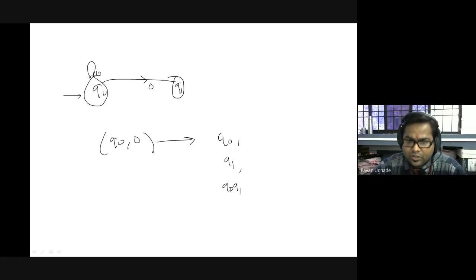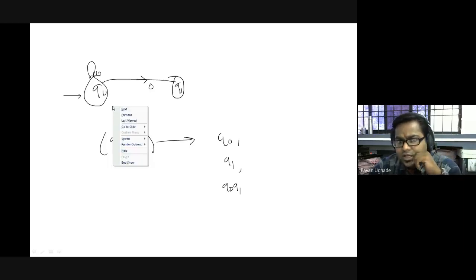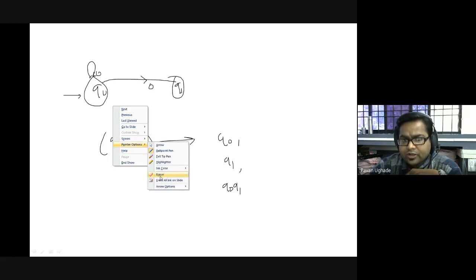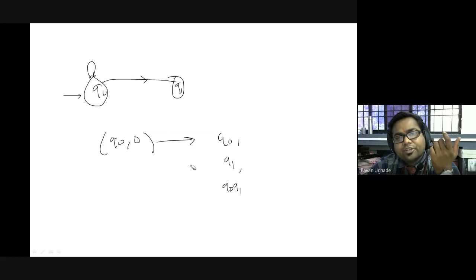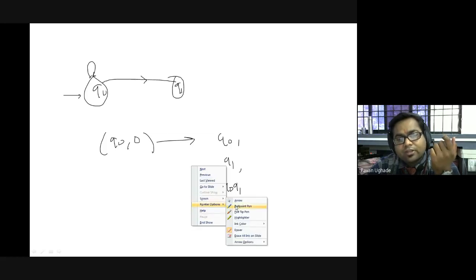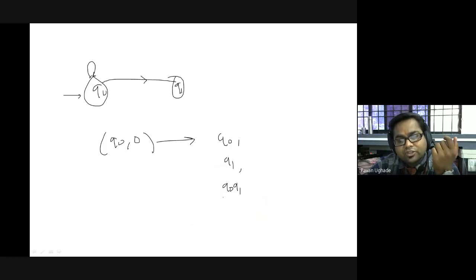or it is a possibility that, what deterministic finite automata tells, there should be a unique transition. In non-deterministic finite automata, it is not compulsory that it should have a transition. It may not have the transition, so it may not go to any of the states.